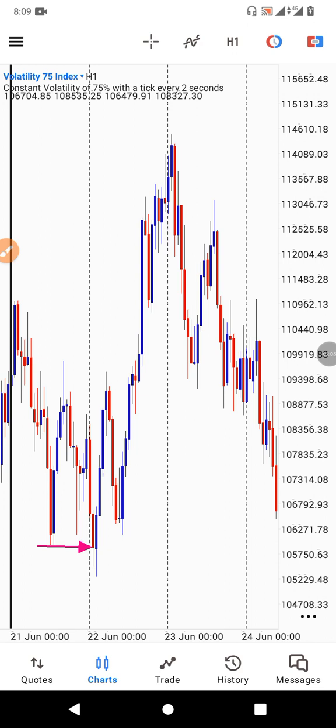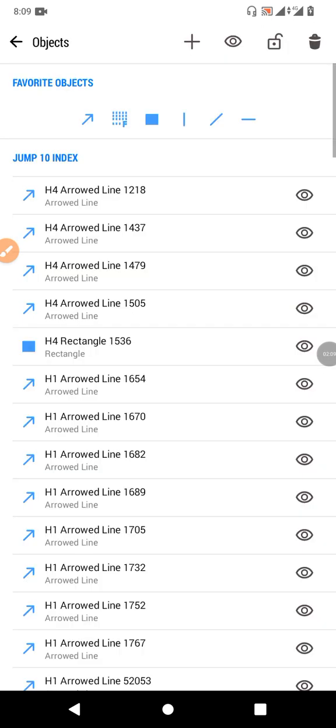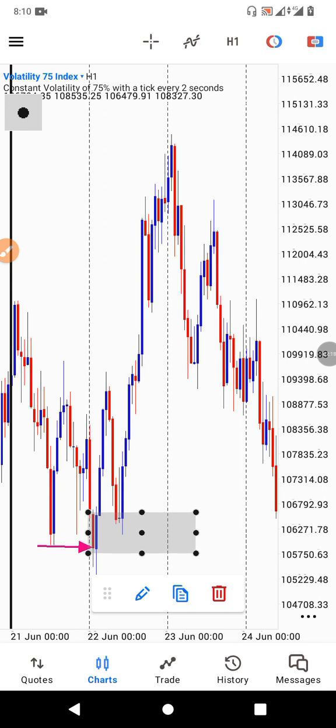We wait for price to return to the very last candle that took out that previous day's low.